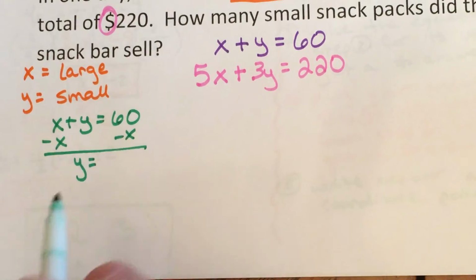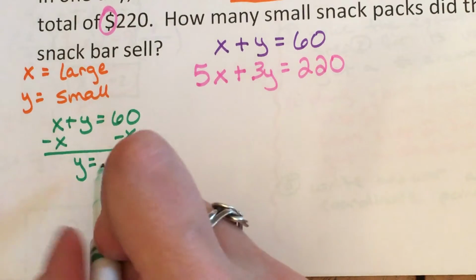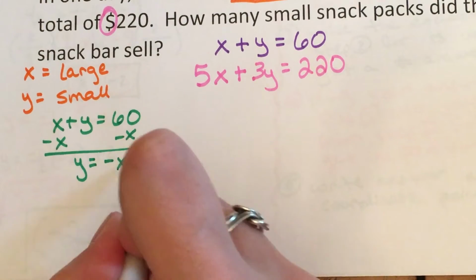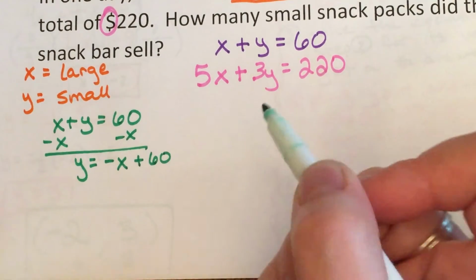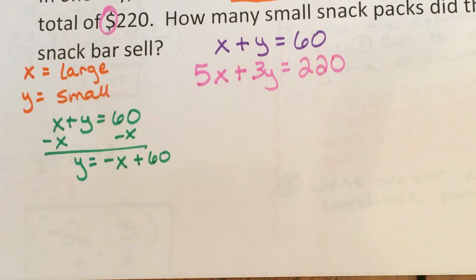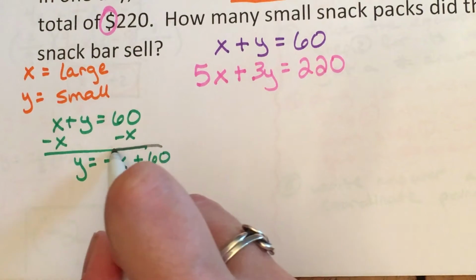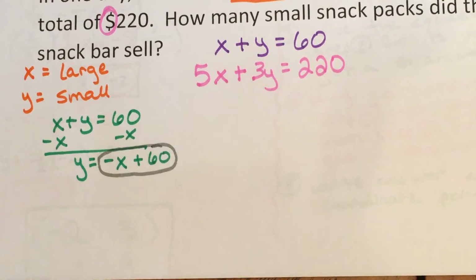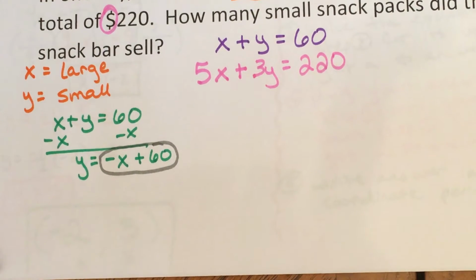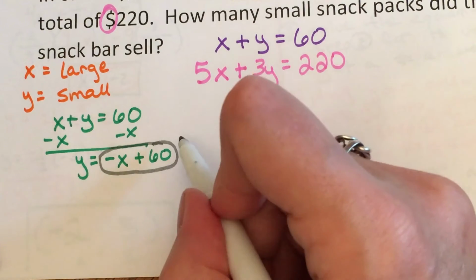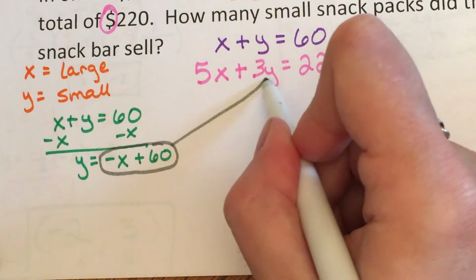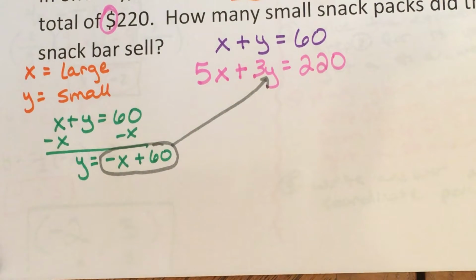Solve for y equals mx plus b, giving me negative x plus 60. All right. We are going to now pick up just like we did with all of our other problems. y equals this quantity of negative x plus 60, and I'm going to substitute it in to my other equation for the y.